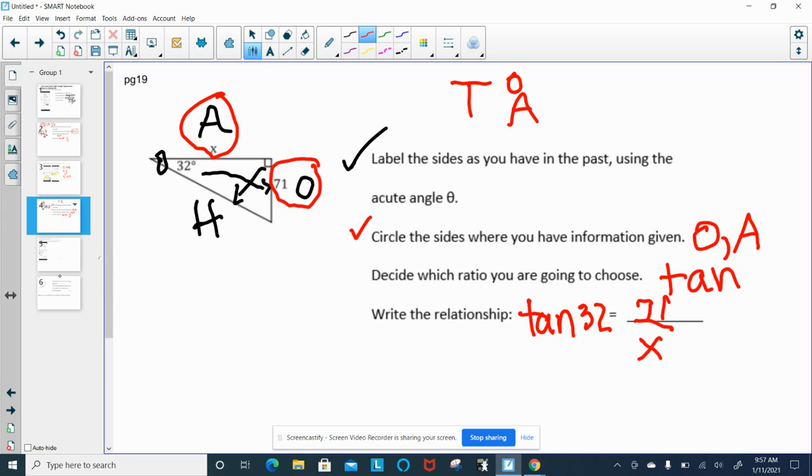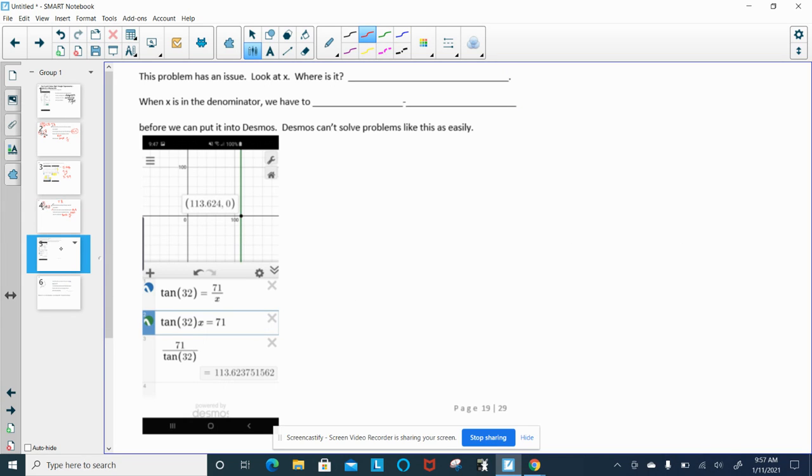So if we go put it into Desmos, we run into a problem. We run into a big problem. We can't find the X along the blue line. When X is in the denominator, we run into a problem.